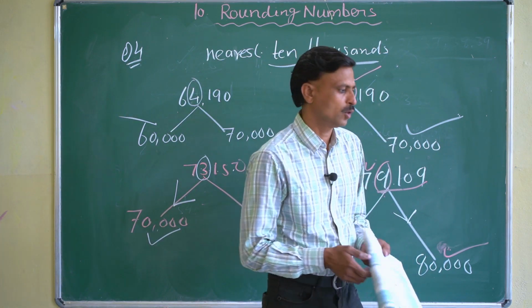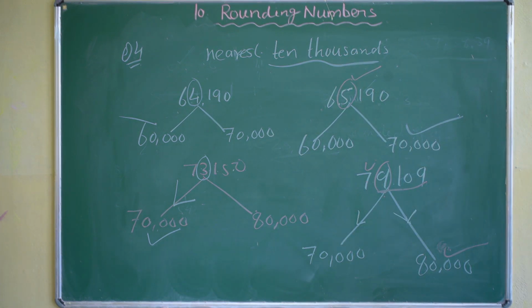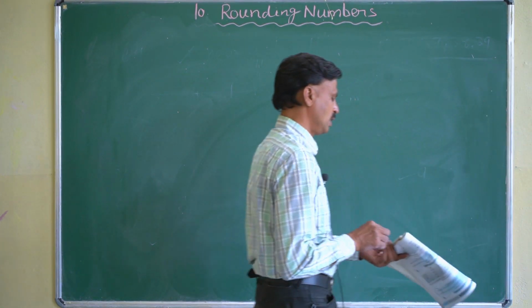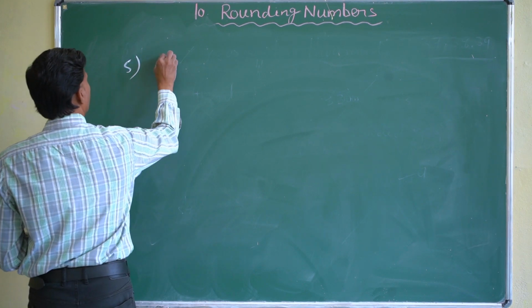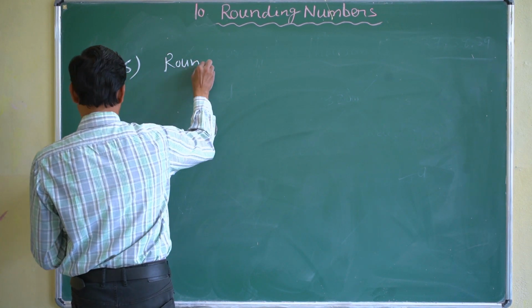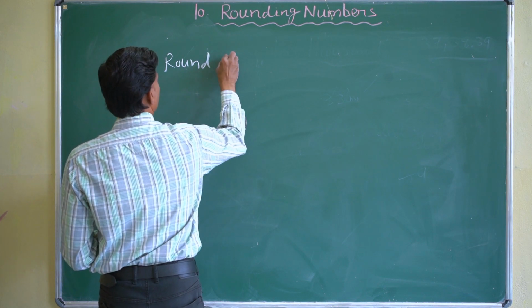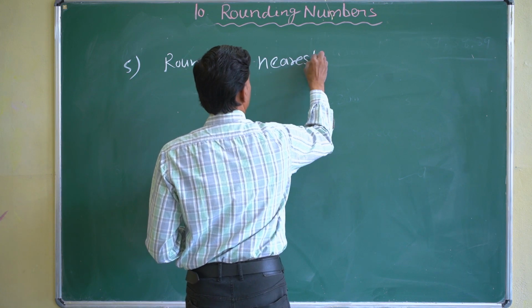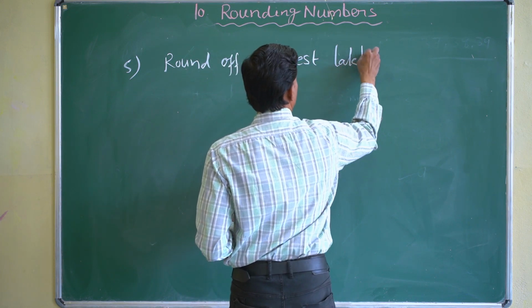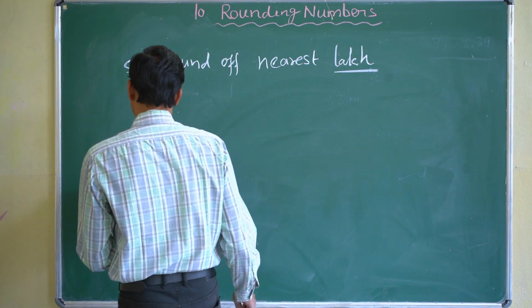Now, nearest lakh. Okay, next question. Nearest lakh. Round off, fifth question, that is round off to the nearest lakh.